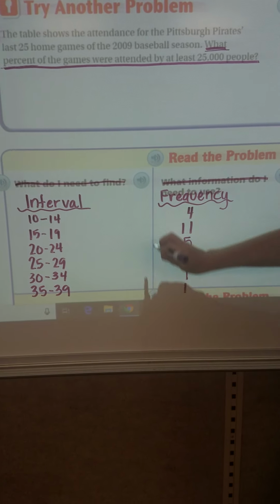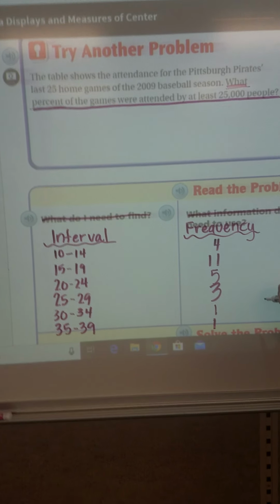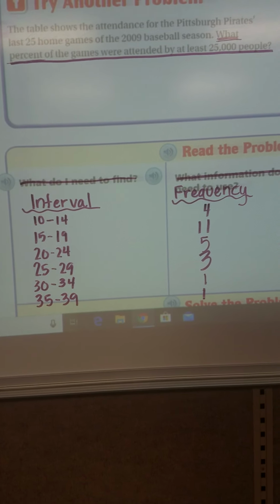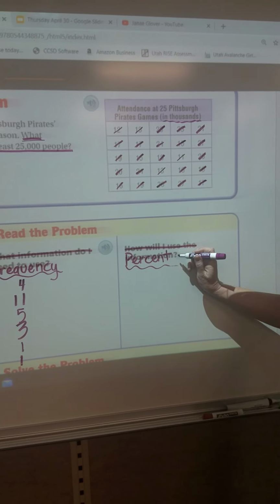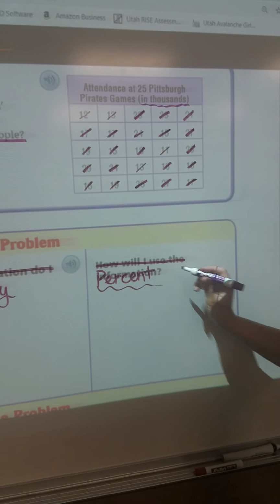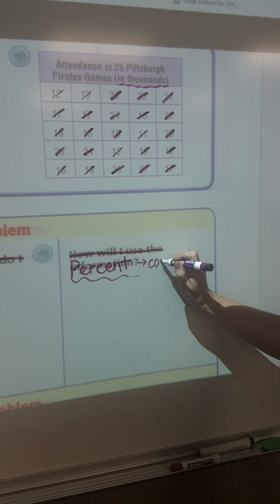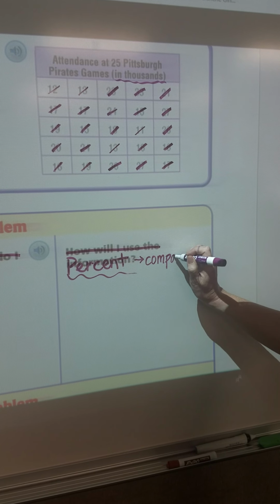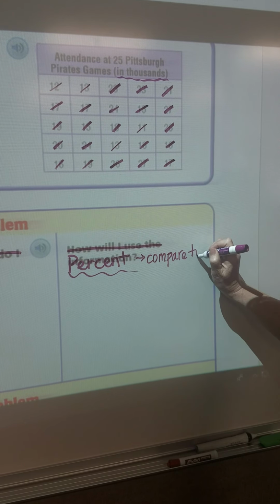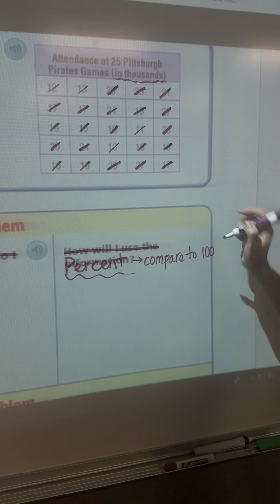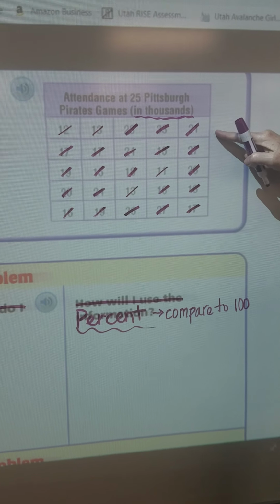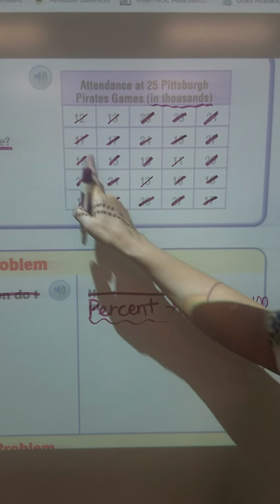Okay, so there's my frequencies, how often it occurred. And now we're getting to percent. Now remember, boys and girls, percent is when we compare something to 100. And as I look at my graph, I know that there's not 100 things here.